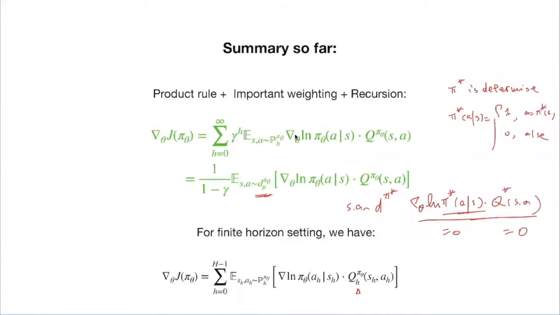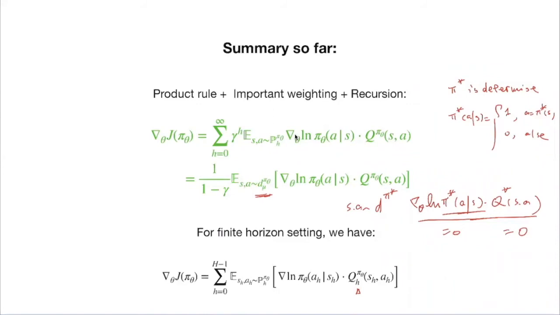I have a question then. Wouldn't any deterministic policy also give you a gradient of 0? Yeah, so this does not work for a deterministic policy. So for this algorithm to work, you should never start from a deterministic policy.